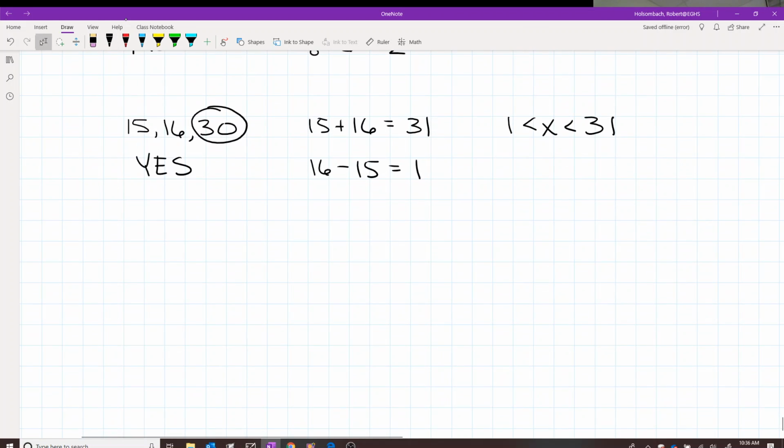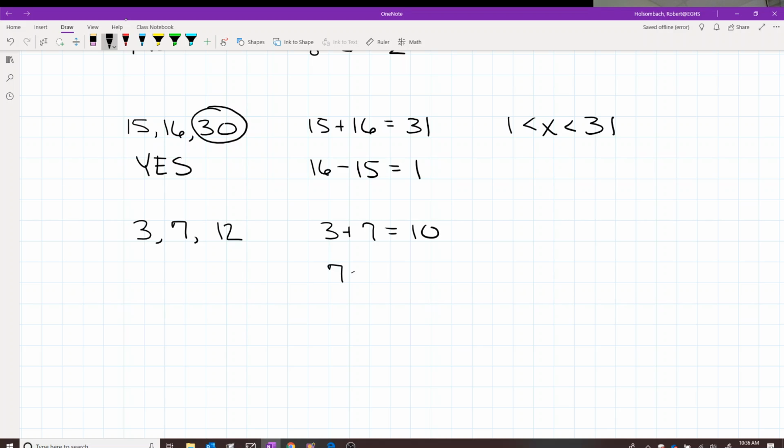Let's try one more. How about a 3, a 7, and 12? Again, you take your two shortest sides and take 3 plus 7, and that's equal to 10.